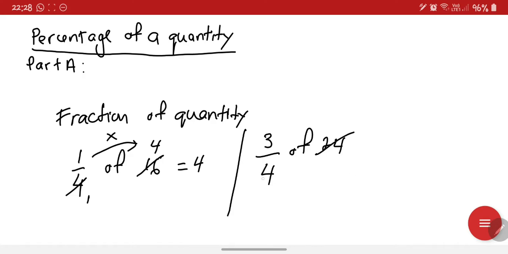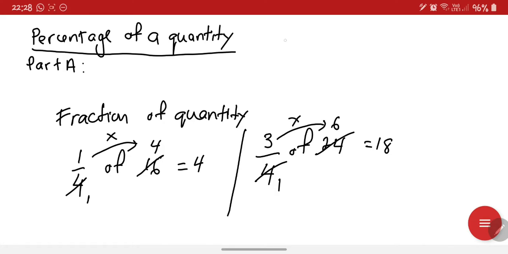Again, 24 divided by 4: 4 divided by 4 is 1, 24 divided by 4 is 6. The numerator you multiply with the answer, so 3 times 6 is 18. Now let's do another example just to refresh your mind.